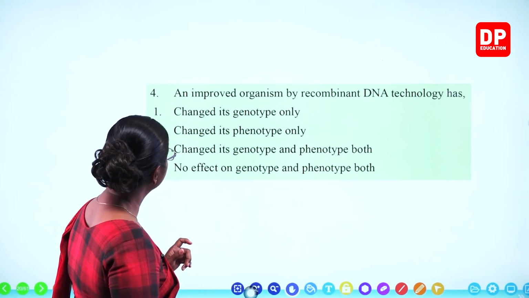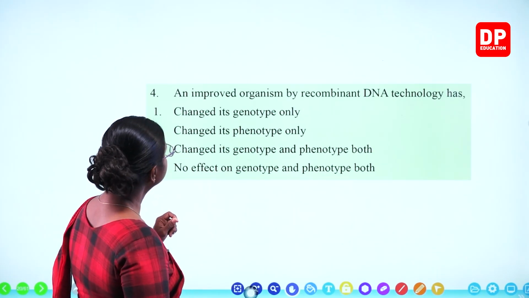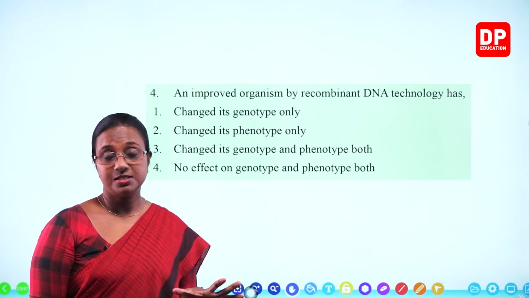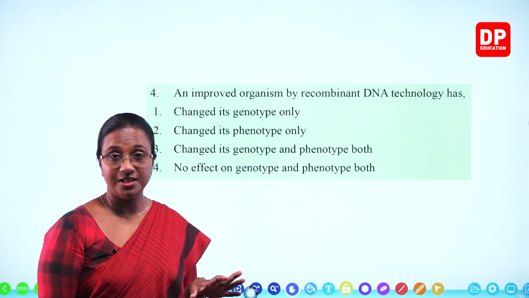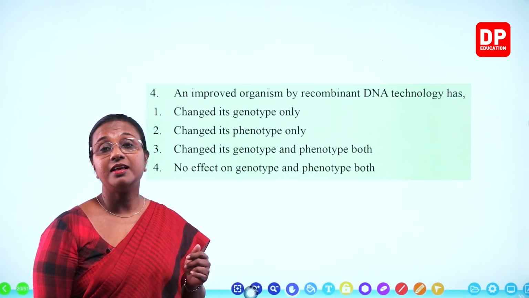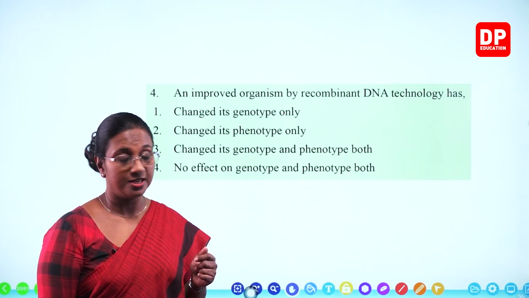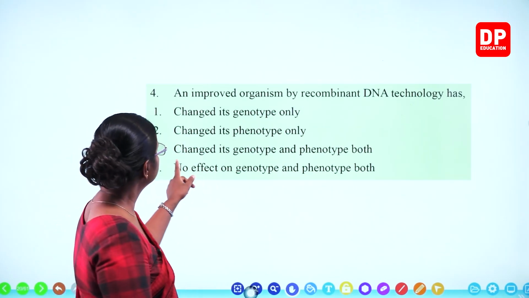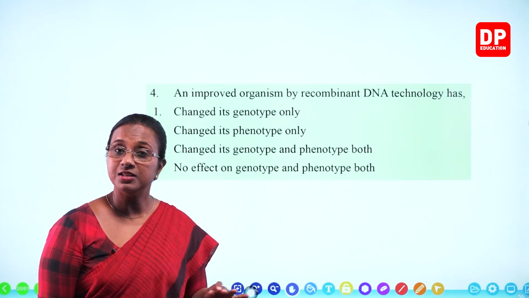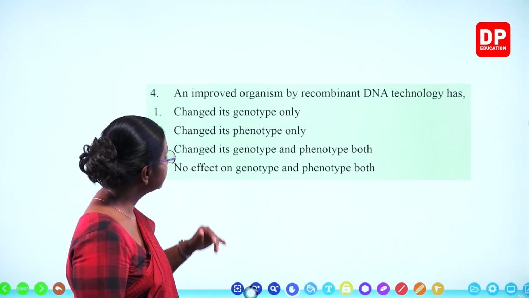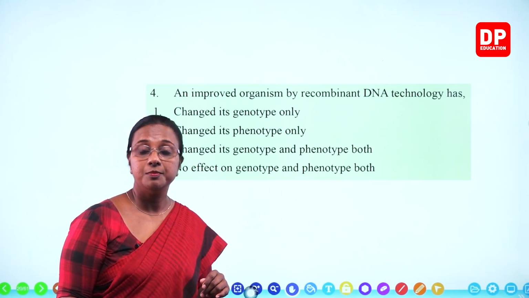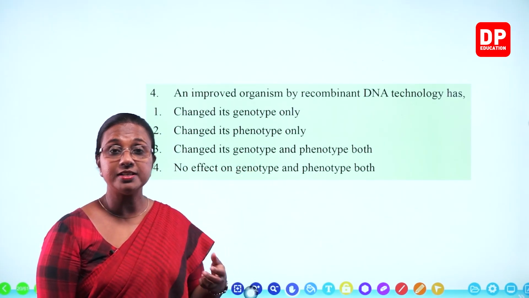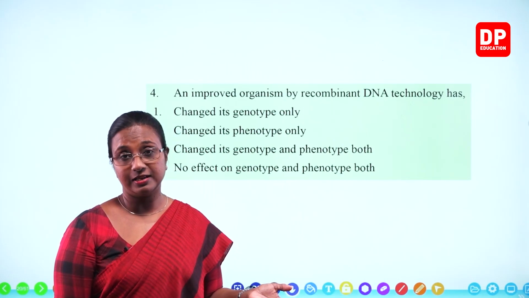That is also possible. Gene combination is changed, that is, the genome is changed. Because of that, the character expressed by the gene is also changed. So change its genotype only, wrong. Change its phenotype only, that is also wrong. Change its genotype and phenotype both. That is correct, because the particular organism is going to express that character.